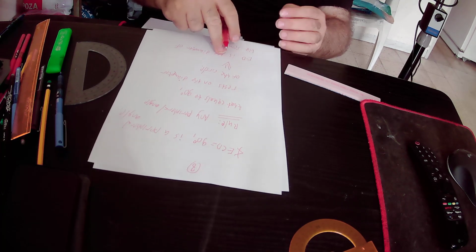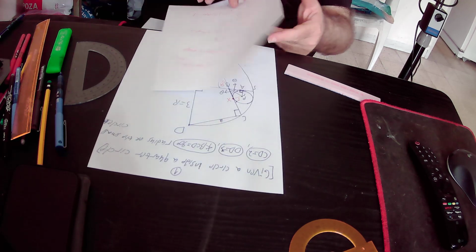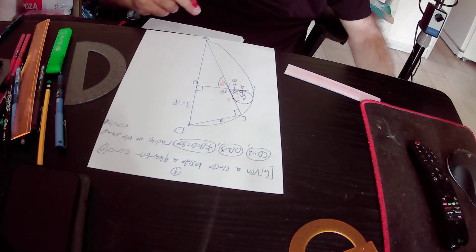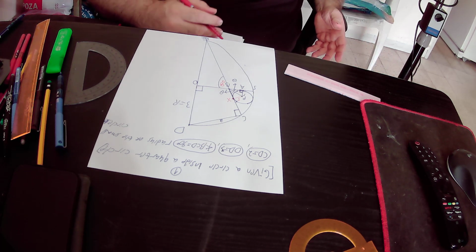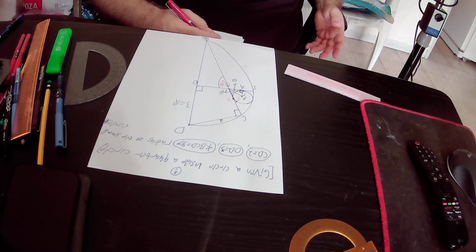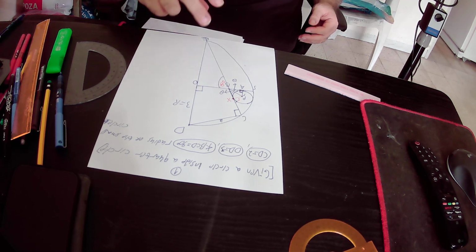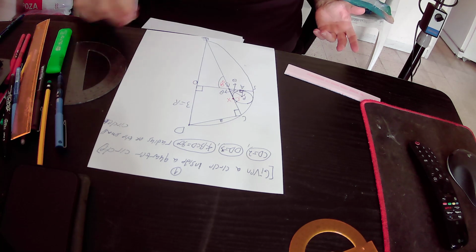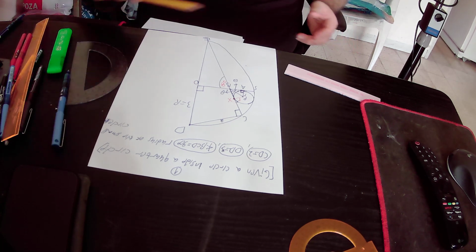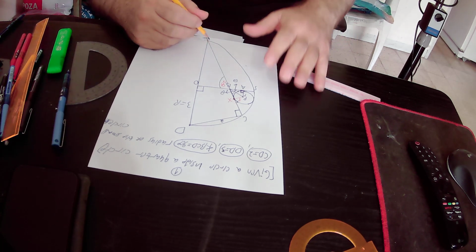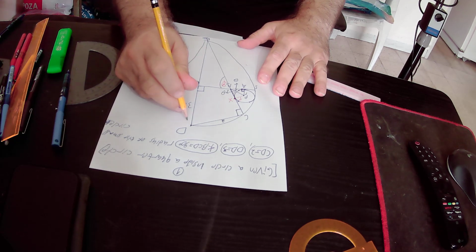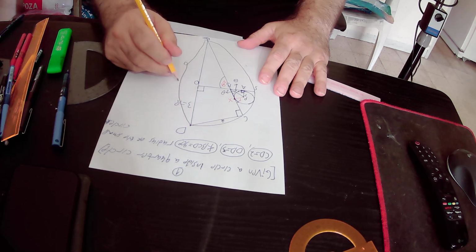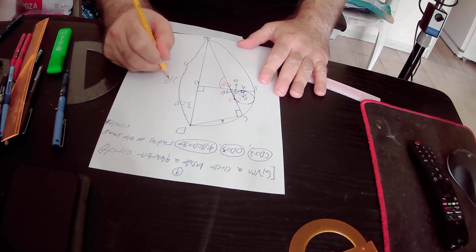We know that any diameter equals 2 times the radius of the circle. So ED, that is the diameter of the semicircle and also the diameter of the quarter circle, equals 2 times the radius, equals 2r.